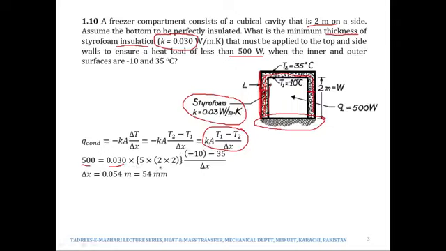Area would be 2 by 2 meters on one side, and there are 5 such faces. T1 is minus 10 and the other is 35, because one temperature is 35 and the other is minus 10. So we will get the thickness of the insulation as 54 millimeters.